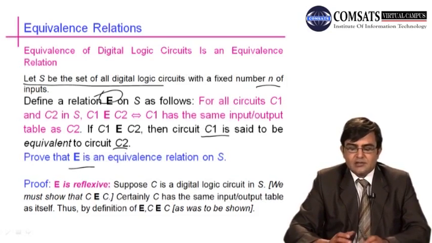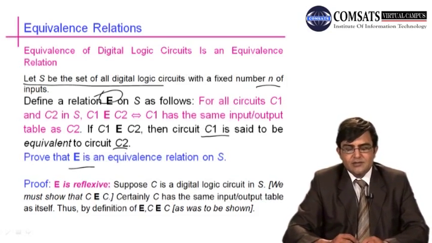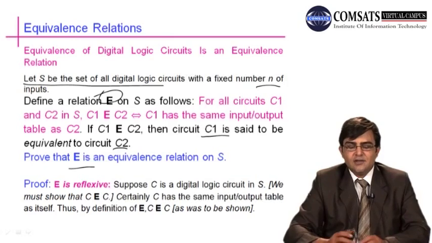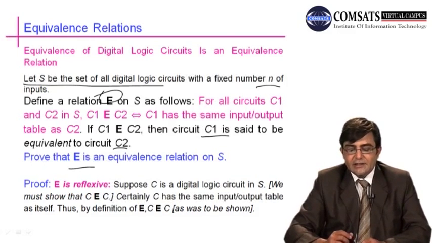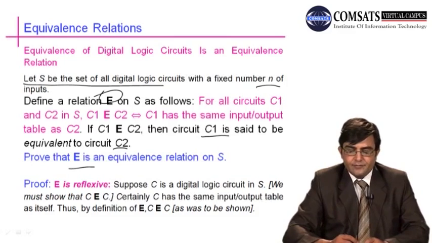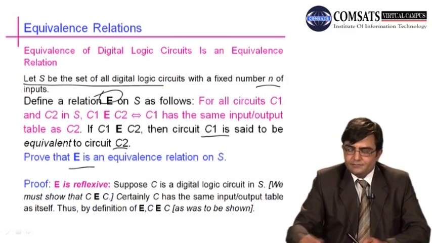Suppose C is a digital logic circuit in S; we must show that C is related to C. If we have the same digital logic circuit, then the input and output of the same circuit are obviously the same. So C is related to C, and this relation E is reflexive.